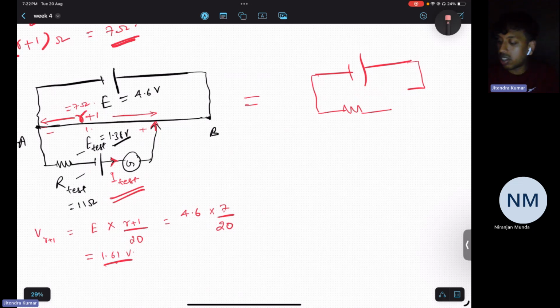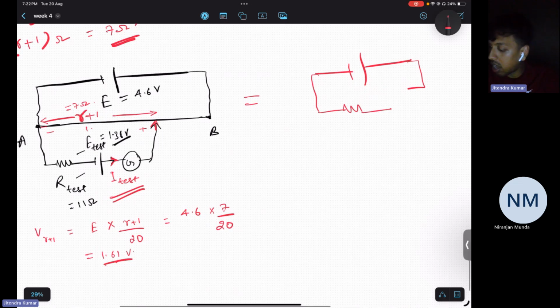Okay, yeah, I got your problem. So what you are saying is that we also need some resistance here, right? So actually in the potentiometer the total wire resistance is 20 ohm. The R of AB is 20 ohm, and R plus 1 is equal to 7.